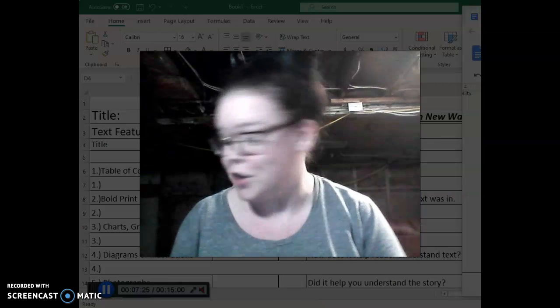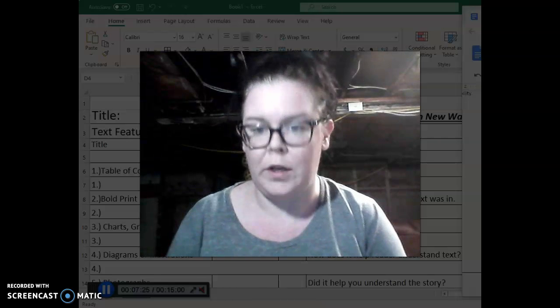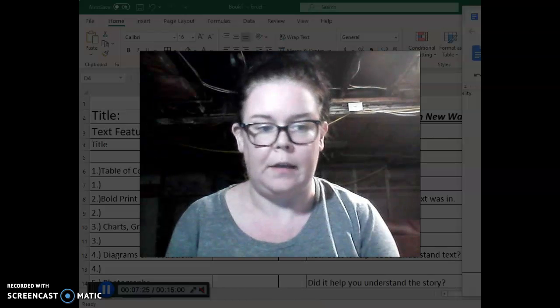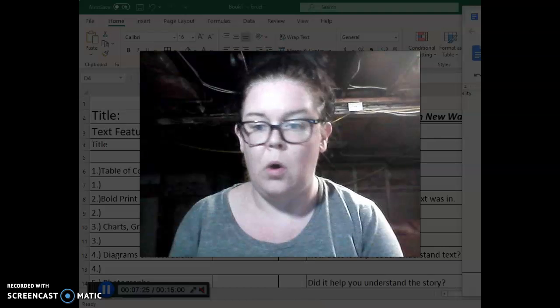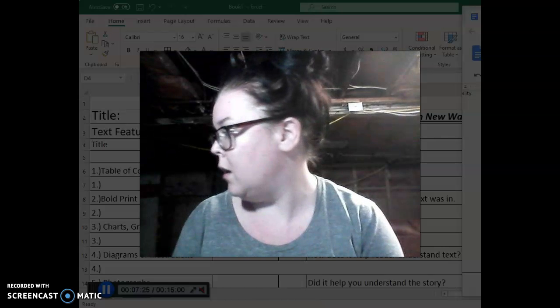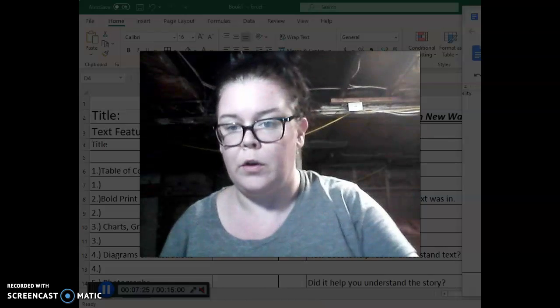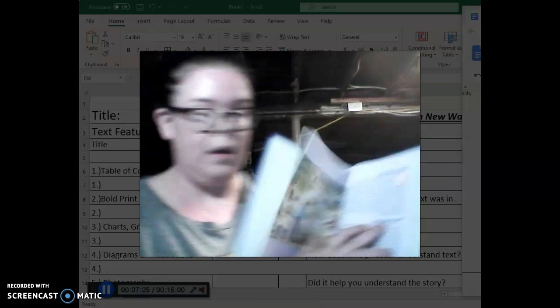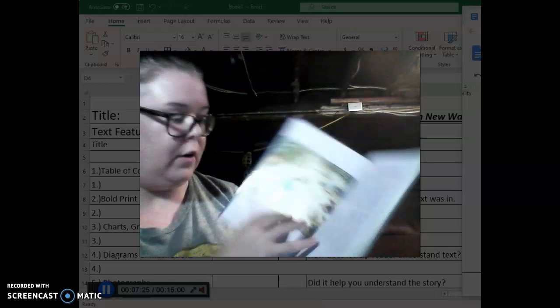You all did such a great job completing those. Does anyone have any questions before we go over the answers? Did anyone get stuck on any? All right. So we'll go over the answers real quick. There's bold print, of course, throughout the book. And a lot of them were highlighting different areas.